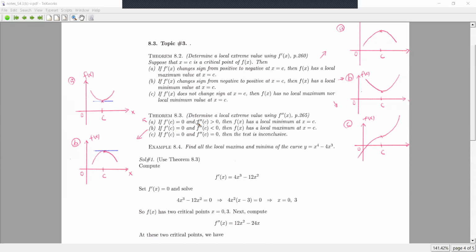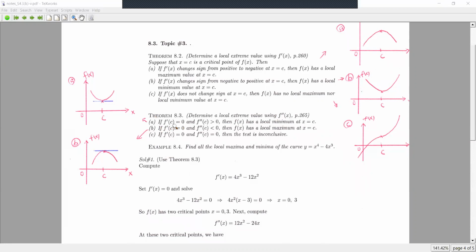Second theorem. You can also use the second derivative to determine a local extreme value. Three cases. If the derivative at the point C is 0, then at the point C, the tangent line is horizontal.